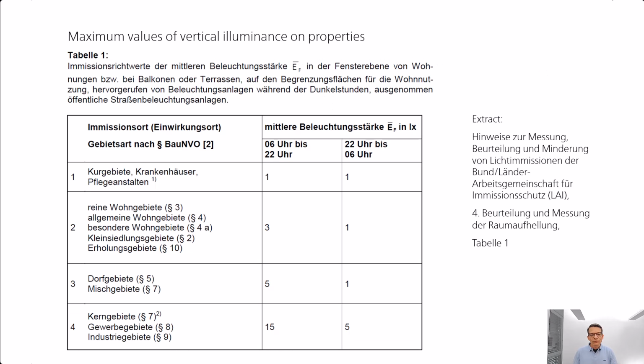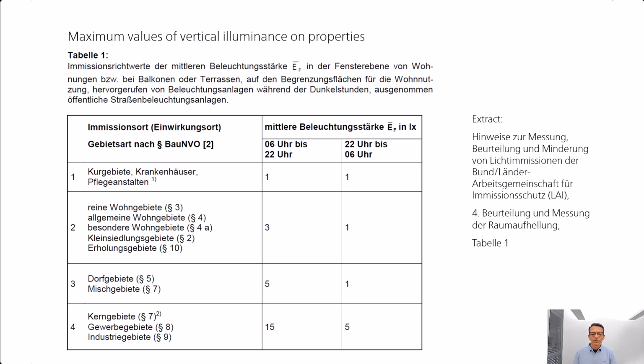I already mentioned that there are some national requirements apart from the CIE and the EN. Here we see an example from Germany. It's the so-called Hinweise zur Messung und Beurteilung von Lichtemissionen, which means notes on the measurement and assessment of light emissions.